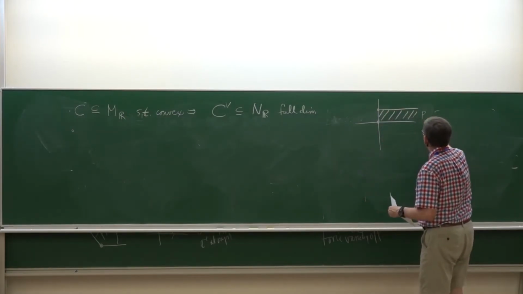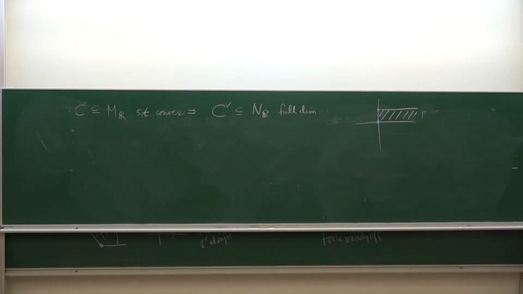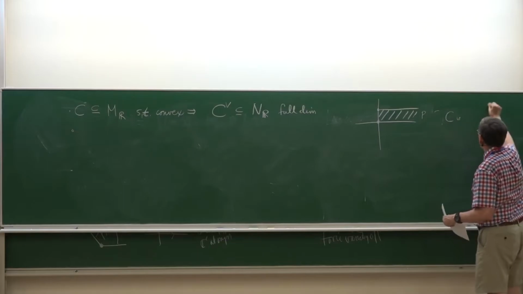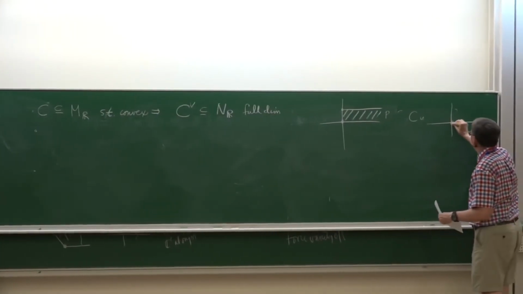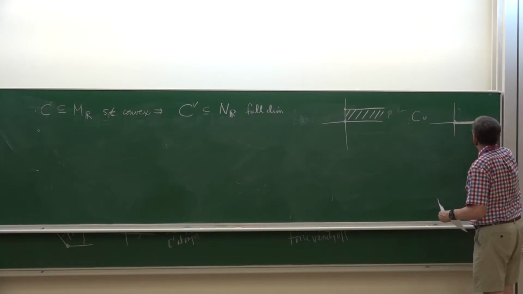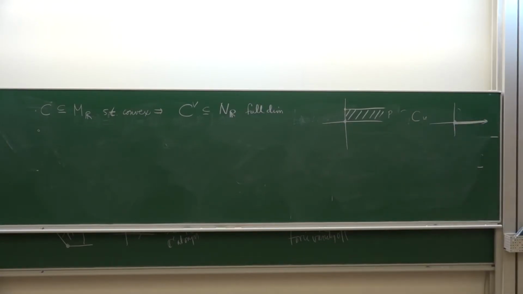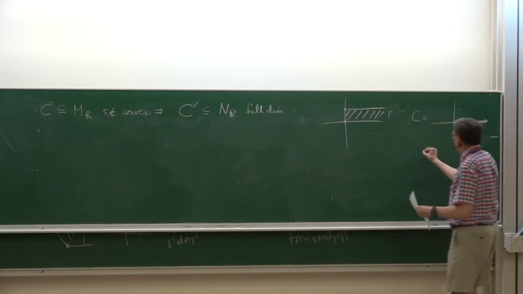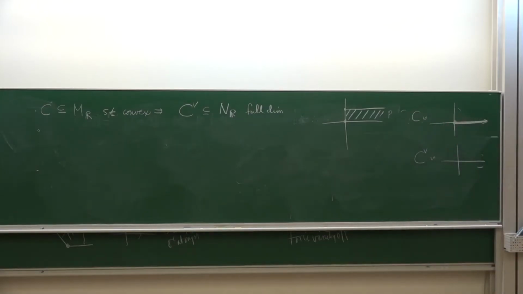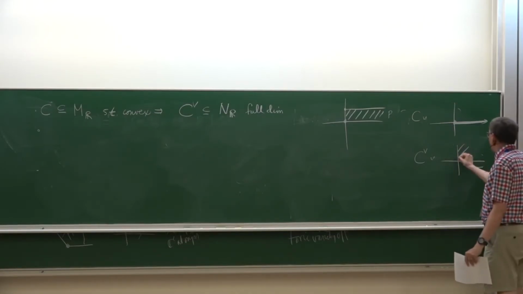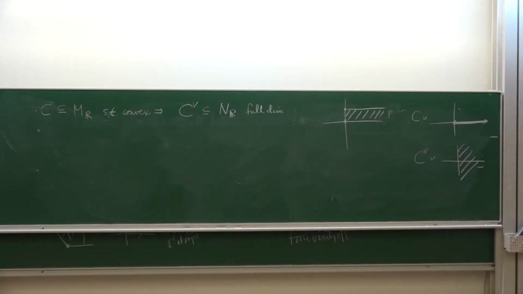And so that's P. What's the recession cone of this guy? And the answer is just this ray. That's strongly convex. That's perfectly good. We like strongly convex recession cones. But notice that, what's the dual of this? It turns out just to be a half space. So it's not strongly convex.